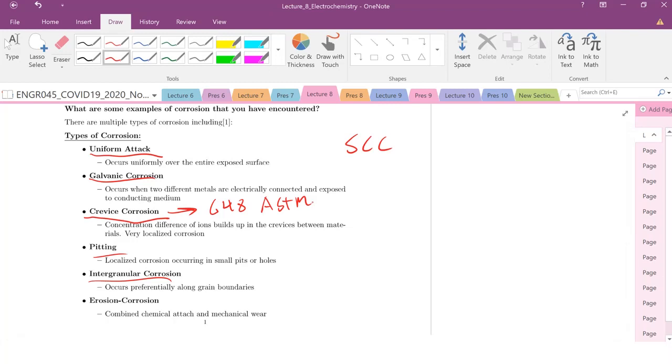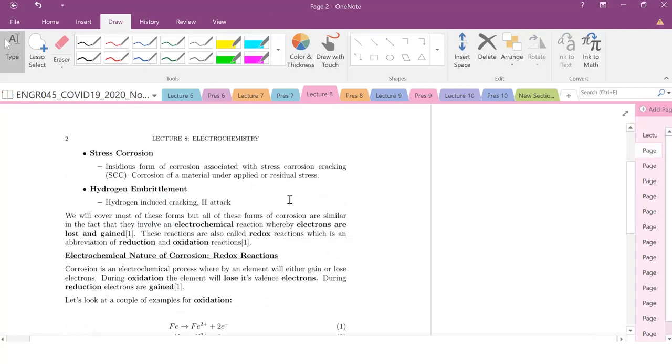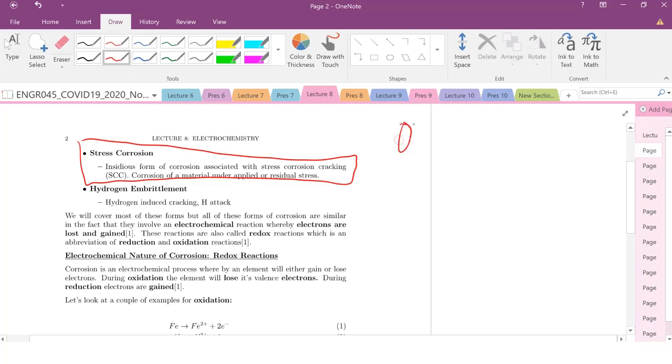This SCC, or stress corrosion cracking, we'll see on the next page here. This is an extremely dangerous and problematic form of corrosion. You can imagine this is really problematic when you're drilling pipelines, or you just have a pipe with lots of really nasty materials flowing through.